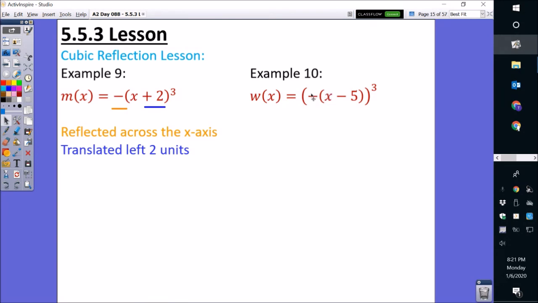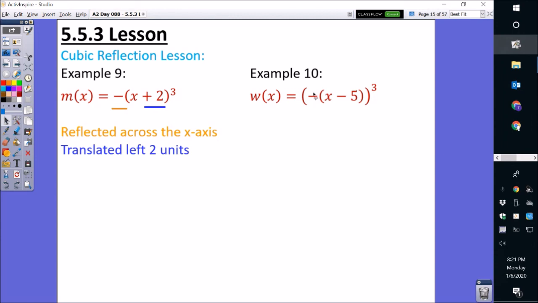So we want to keep this negative sign separate from the minus 5, because if you distribute, it will be plus 5, and that's going to be confusing when it comes to translation. Now, to review, when you have a negative sign that's inside the outer parenthesis, it's going to be reflected across the y-axis.